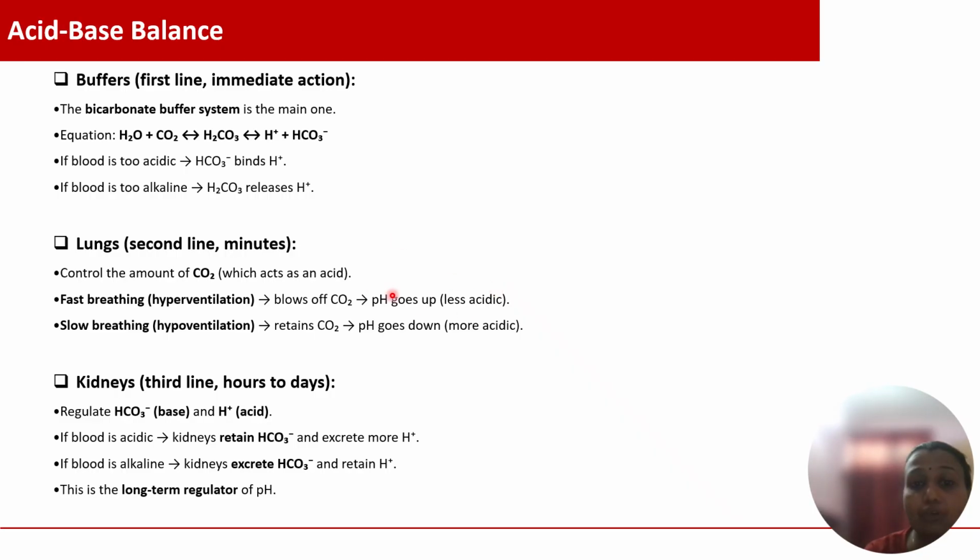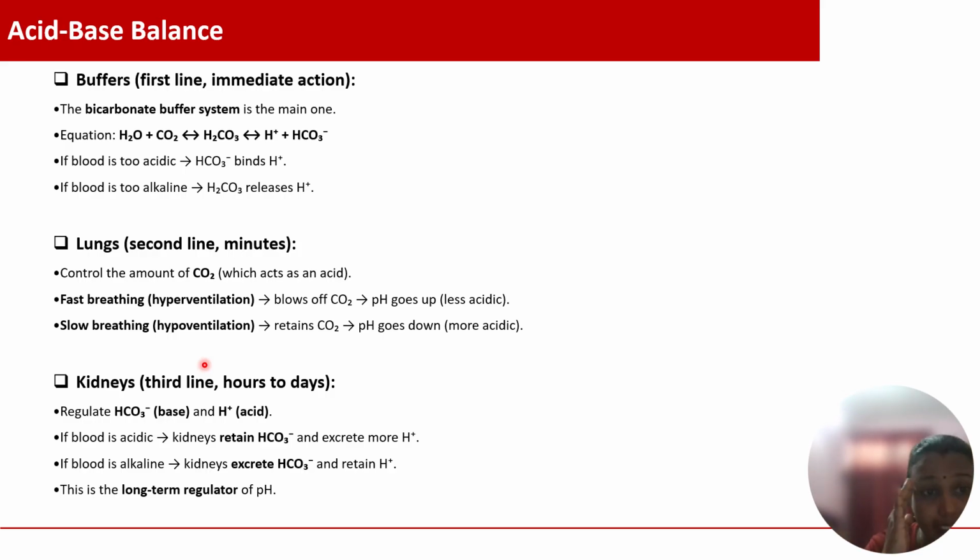Once the pH goes up, the blood becomes alkalosis. Next, slow breathing: the patient is not getting sufficient breathing, that is hypoventilation. That means retaining the carbon dioxide, the pH goes down and the blood becomes more acidic. That is the acidosis condition.